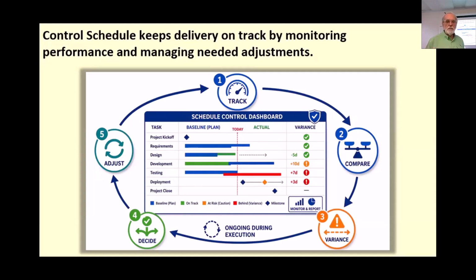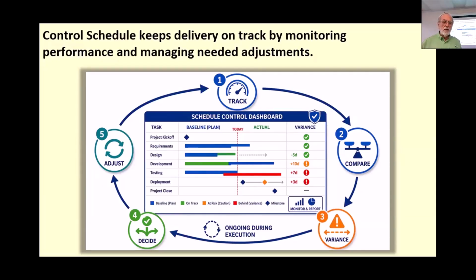Its purpose is not to build the original timeline, but to oversee schedule performance during execution. Control schedule in the monitoring and controlling process group reinforces that the schedule must be actively managed after planning is complete. So in practice, this means that the project manager reviews current status, compares progress to the approved schedule, interprets the variance, and decides whether action is needed to keep delivery aligned with expectations.